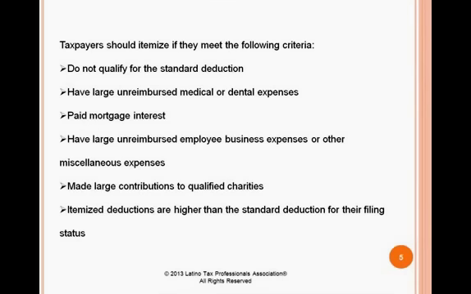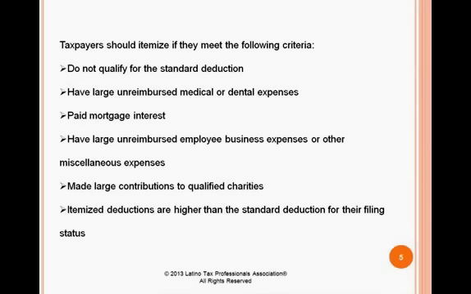That's another one I look for, because even if they don't have a mortgage, that may mean that standard deduction is greater. It's possible with the large amount of medical or dental expenses, it would still be greater to go with itemized deductions. Obviously, the big one we see is paid mortgage interest.